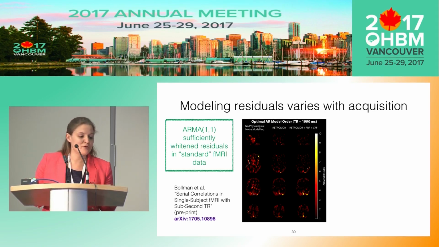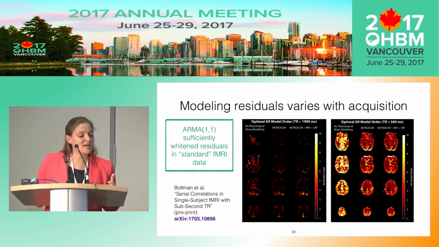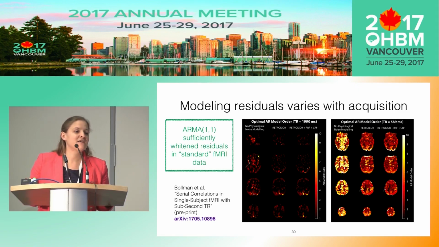But when you go up to much higher sampling, so now your TR is like half a second, you need a much higher order autoregressive model. We can get into details of this, but suffice to say, if you change your acquisition, you can't just tick a box anymore. You are going to have to check that pre-whitening is working, among other things.